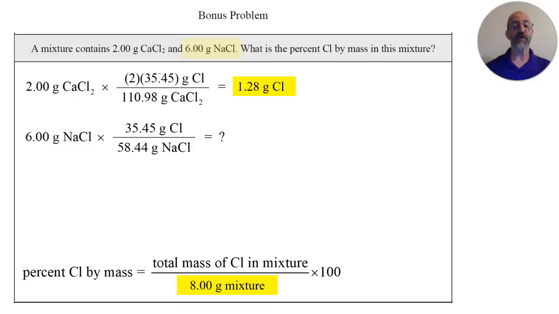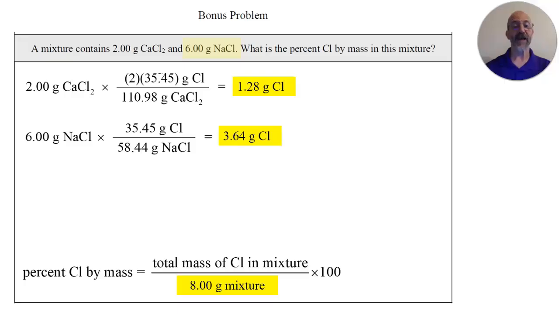That 58.44 is the formula mass of sodium chloride. So 6 grams of sodium chloride times this conversion factor, and that gives me 3.64 grams of chlorine that is present in 6 grams of sodium chloride.